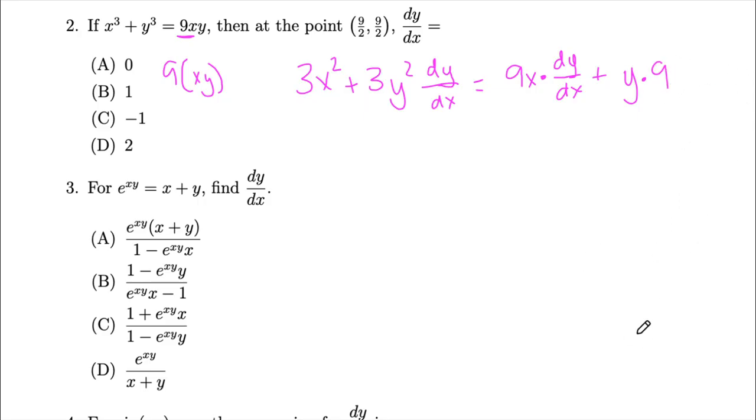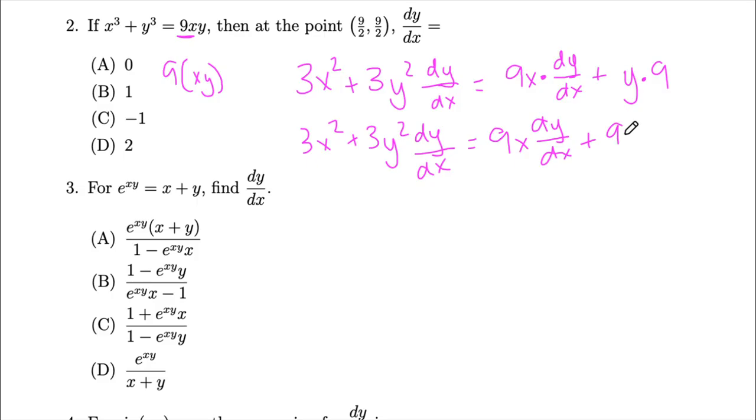Okay, so now we're going to clean everything up, and then we're going to use algebra to isolate dy/dx. So this side is pretty much going to stay the same, so I'm just going to rewrite it. And then over here, this is just 9x dy/dx plus 9y. Okay, now we are going to move our dy/dx's to the same side.